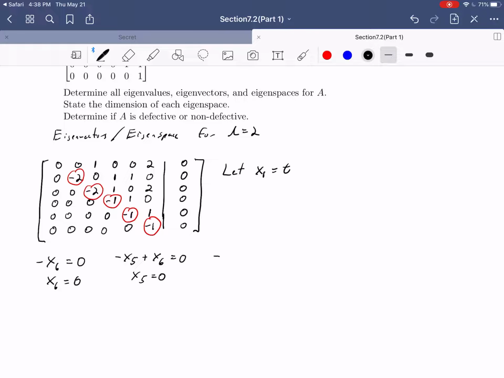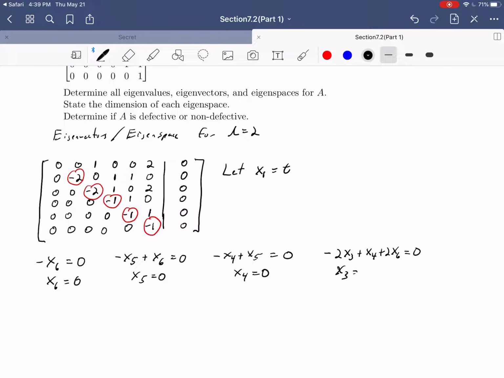Then negative x4 plus x5 is 0, and since x5 is 0, x4 is 0. Then we have negative 2x3 plus x4 plus 2x6 is 0. That's nice and easy because x4 and x6 are both 0, so x3 must be 0.